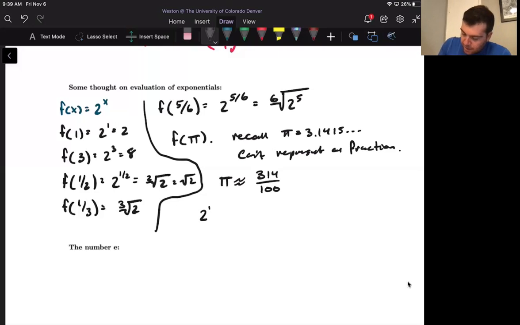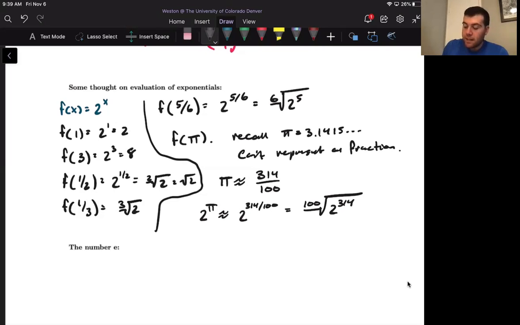So then 2 to the pi is going to be close to 2 to the 314 over 100, which is the 100th root of 2 to the 314.